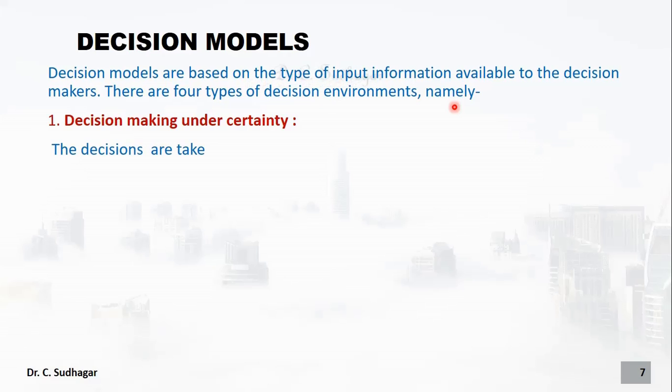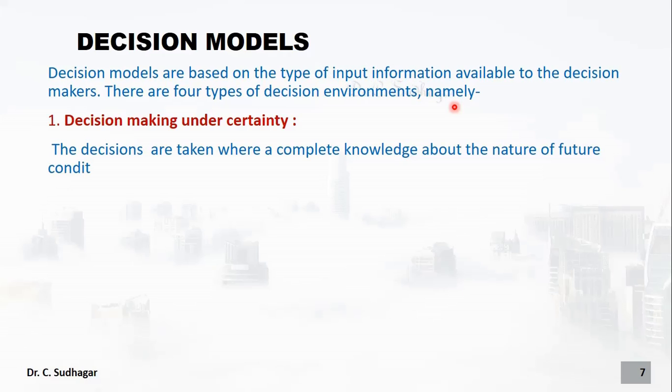That means the decisions are taken when complete knowledge about the nature of future conditions is known. If the decision maker knows the nature of future conditions, then such decisions come under decision making under certainty. So the future information is completely known to the decision maker.